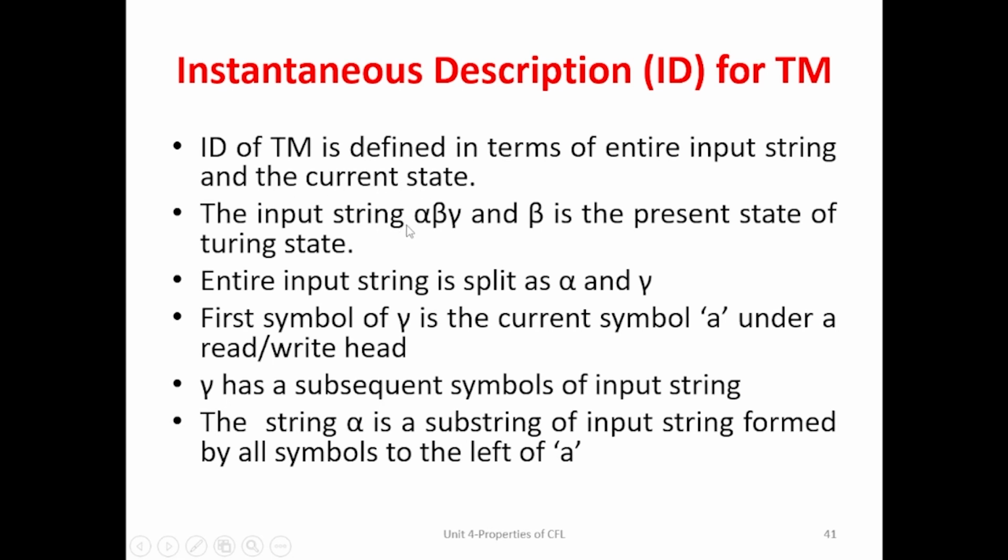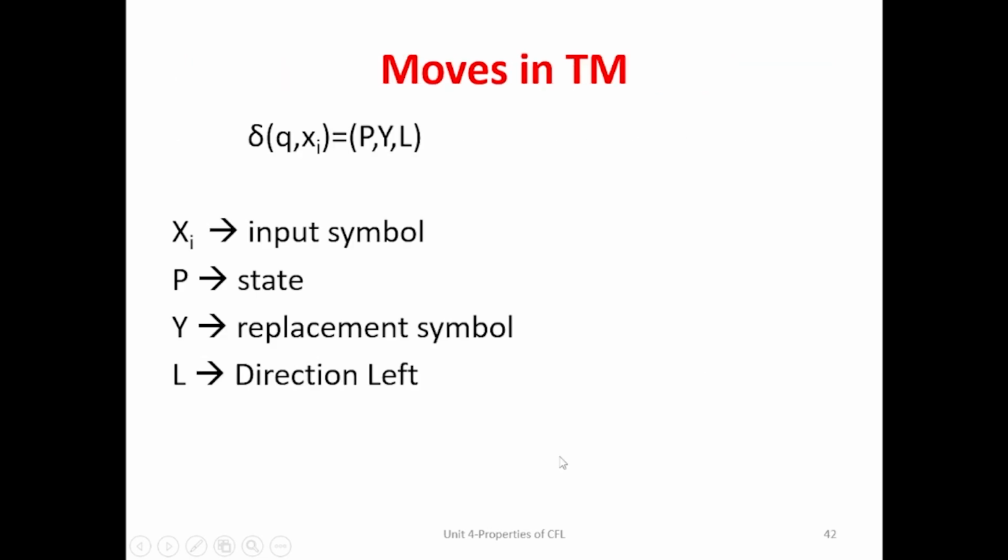For example, if you take an input string as alpha, beta, gamma, and beta is the present state of a Turing machine, then the entire input string is split as alpha and gamma. So the first symbol of gamma is the current symbol A under read or write operations. Then gamma is the subsequent symbols of the input string. The string alpha is a substring of the input string and it is formed with the symbols A. So it is the instantaneous description notation.